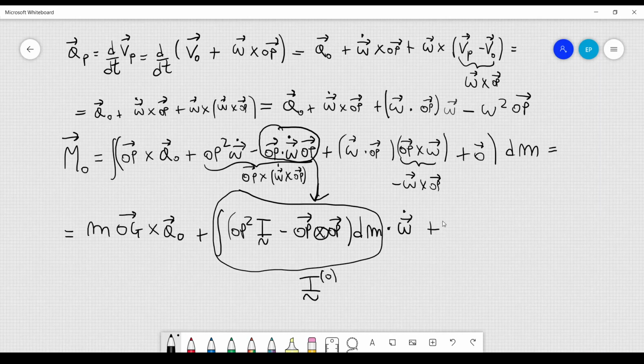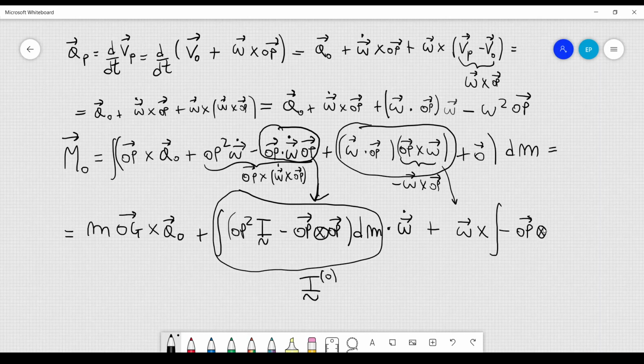And then here I have plus, and I'm going to rewrite it like this. So I have omega cross, and then I have the integral, and I'm going to rewrite the expression above like this, minus OP tensor OP dm times omega. So how can I do this? Well, let me do it in red below. So the formula here can be rewritten like this. I have minus because I can rewrite the cross product by switching the two vectors and changing the sign.